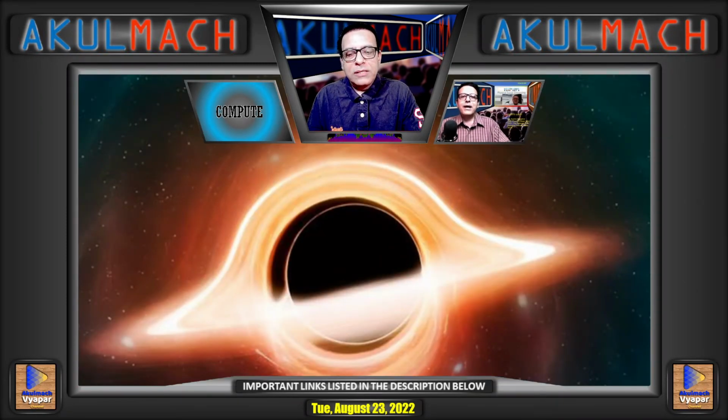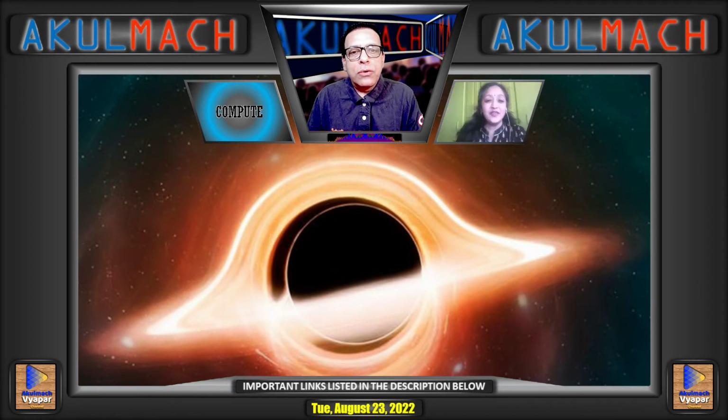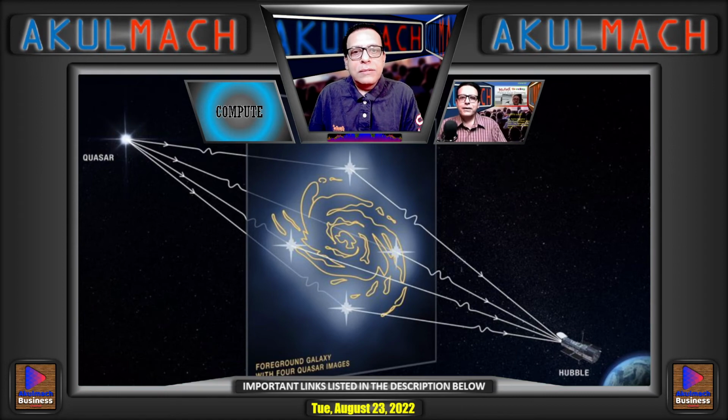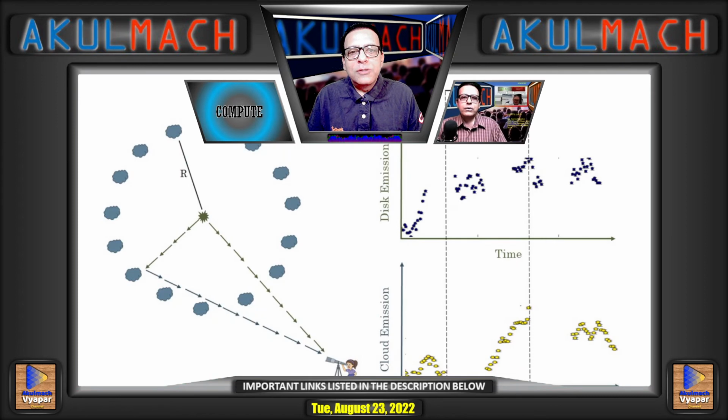So this radius will be called the Schwarzschild radius, and the gravitational constant is constant across the universe. So multiply the radius by twice the gravitational constant and divide by the speed of light squared, and that will give you the mass of a black hole.